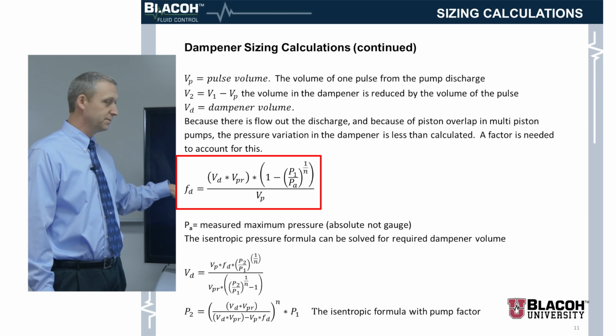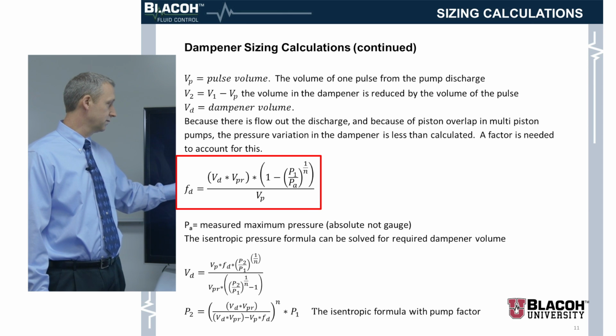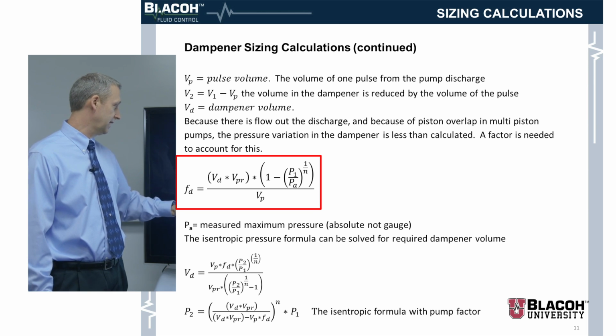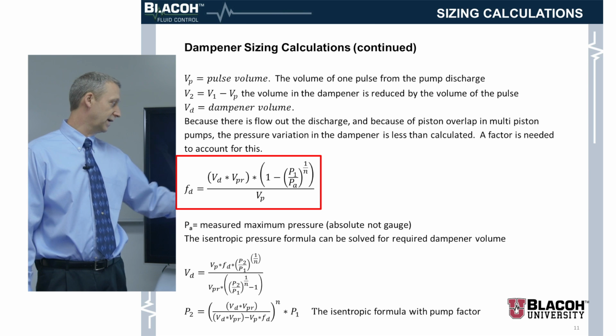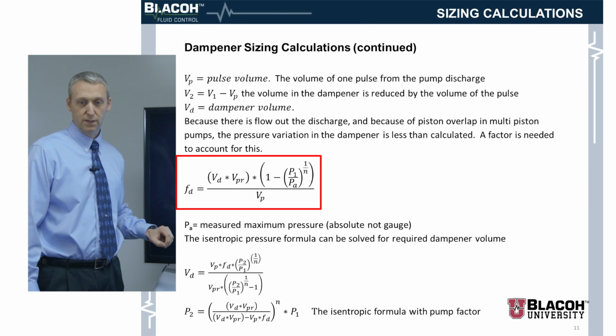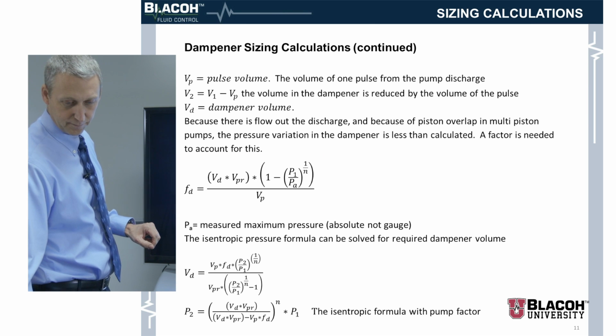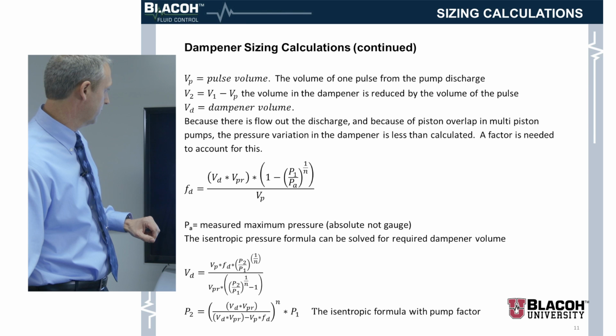volumetric flow, pump correction factor, VD, is equal to the initial volume times 1 minus P1 over PA. And PA is the measured maximum pressure in the system. So let me go back here.